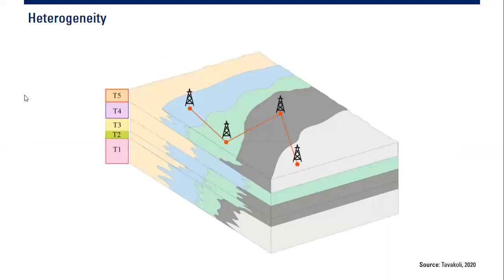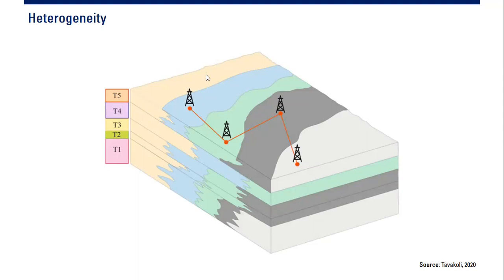Okay, so heterogeneity means very simple. The reservoir is heterogeneous, so the properties are different from one zone to another zone, both vertically and or laterally.